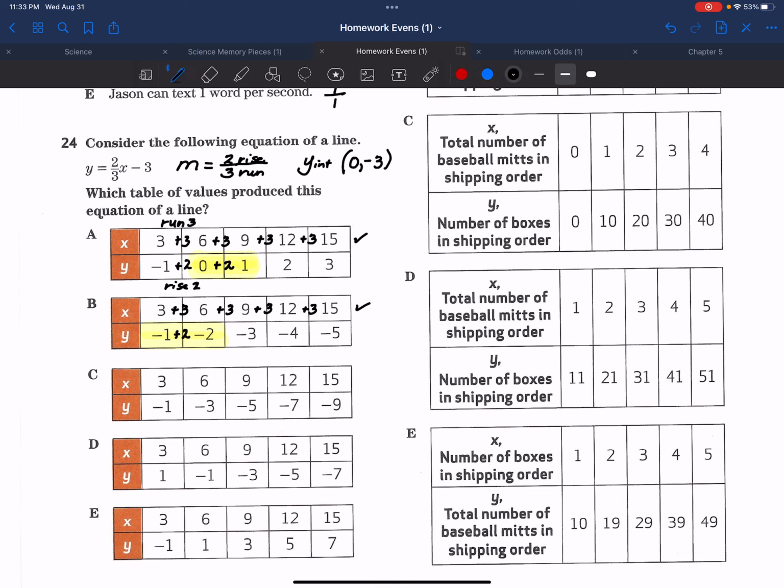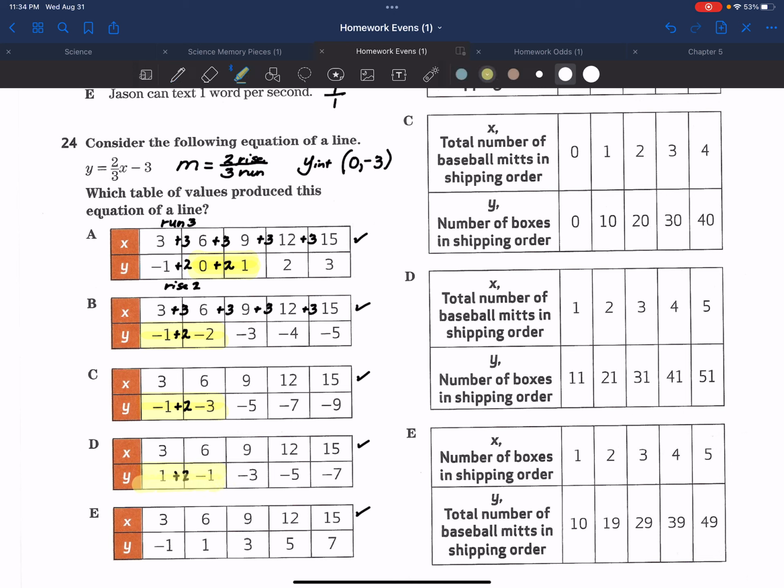On the next one, we're going to run 3. We've already tested that. That is the same on all of these. So the problem is in the rise. Negative 1 plus 2 is not negative 3. There's a violation. 1 plus 2 is not negative 1.